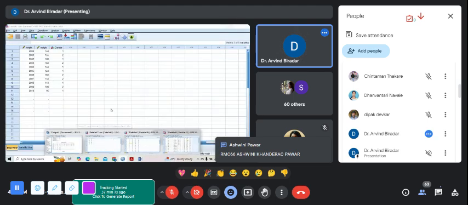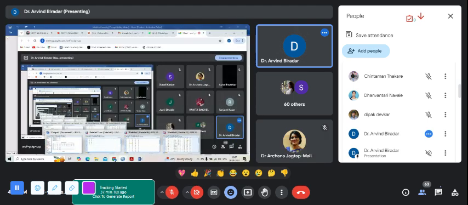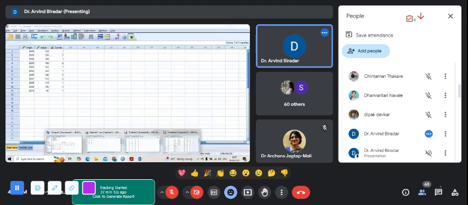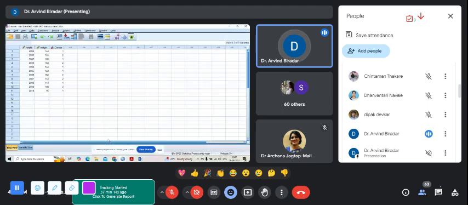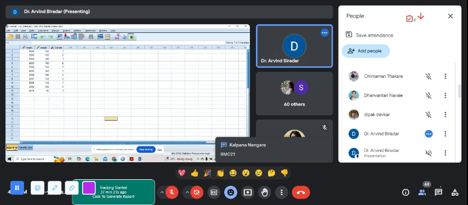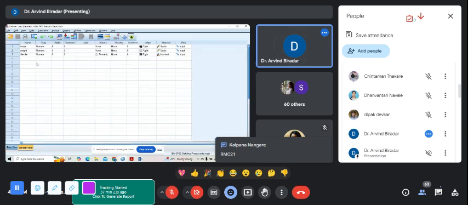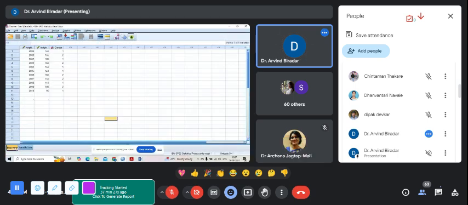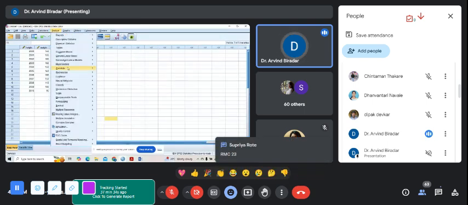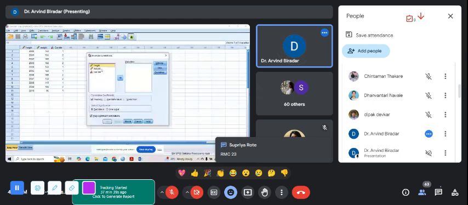See that, this is a problem. The height and weight is there. A simple example. So analyze, go for correlate, bivariate.